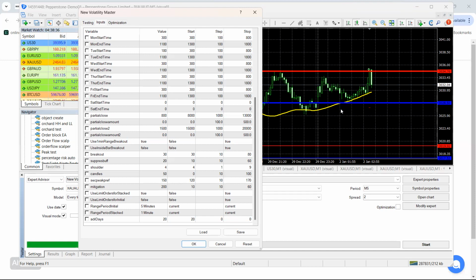And so I can't actually remember if I covered this in a previous video, but the beauty behind stacking trades and doing it the way Volatility Master does is it will never ever place a second trade unless the first trade is in a risk-free scenario, meaning that the profit lock's activated and the stop loss is being placed above the entry point, meaning that even if you hit the stop loss, it will give you a profit.